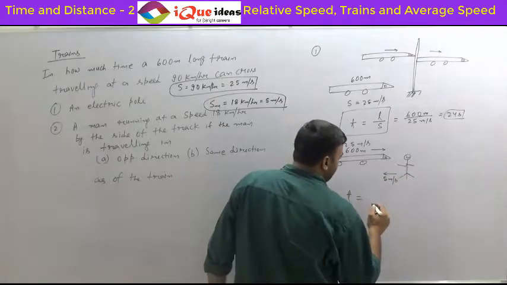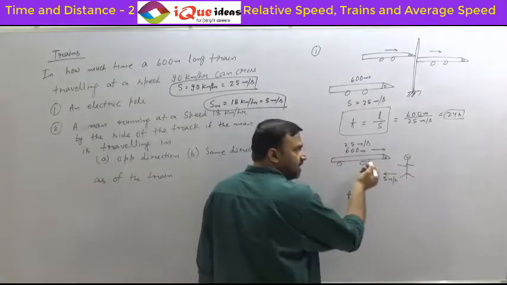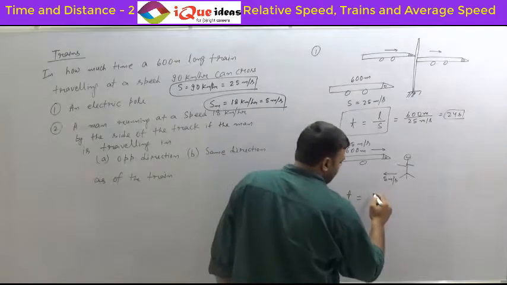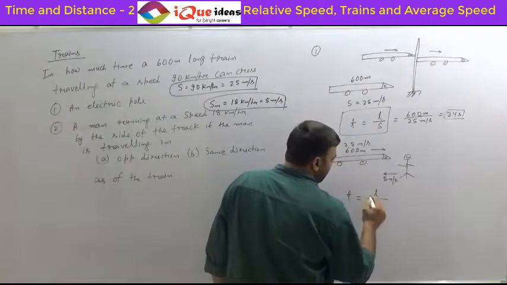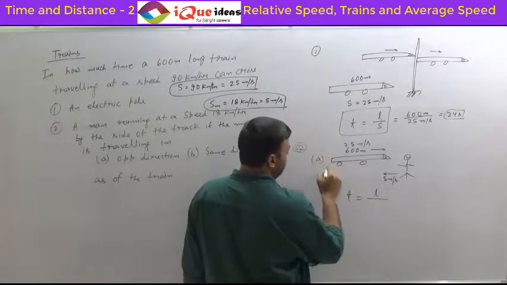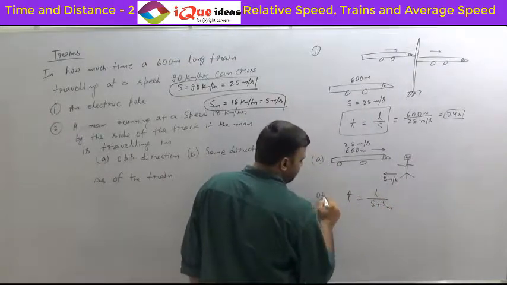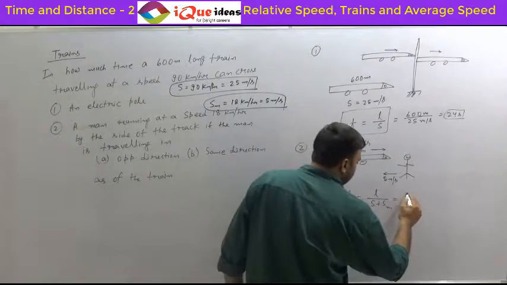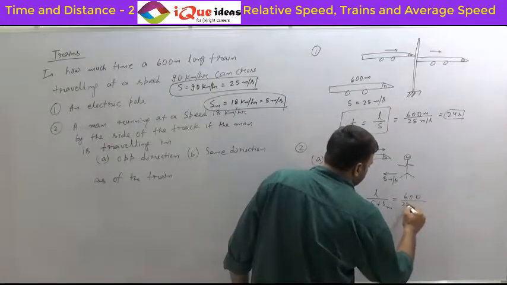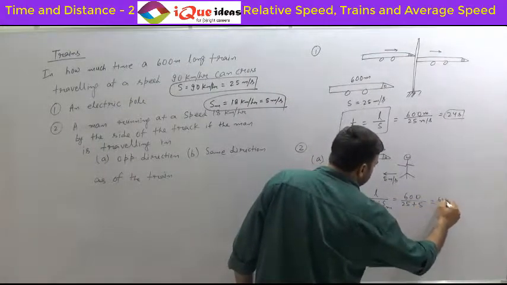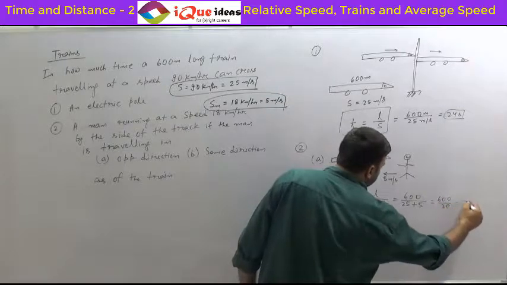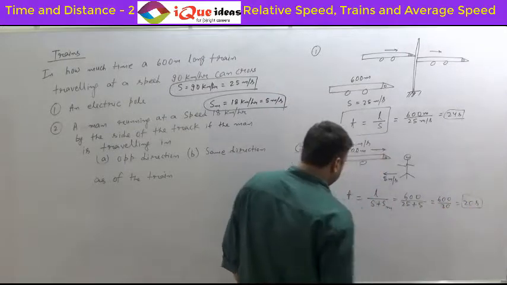The distance traveled is still the same, right? So the time taken will be the length of the train divided by the speed of the train plus the speed of the man, in the opposite direction. So it is 600 divided by 25 plus 5, which is 600 by 30, which is 20 seconds.